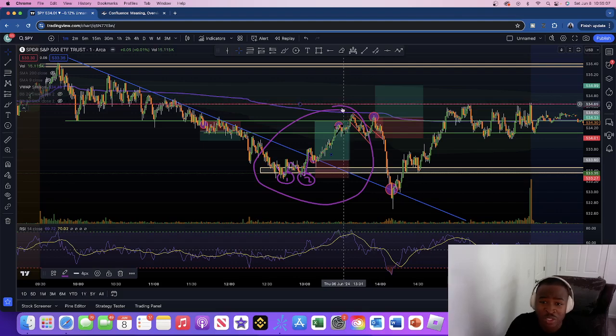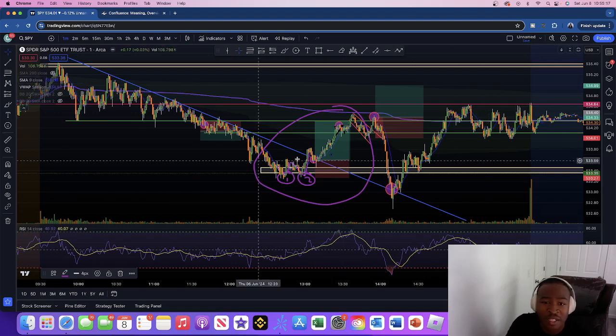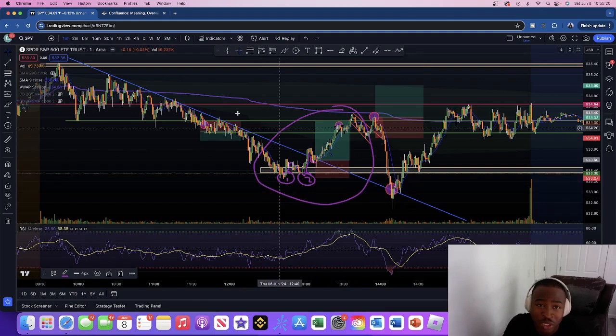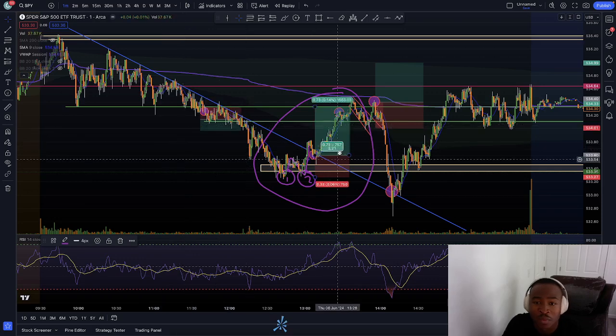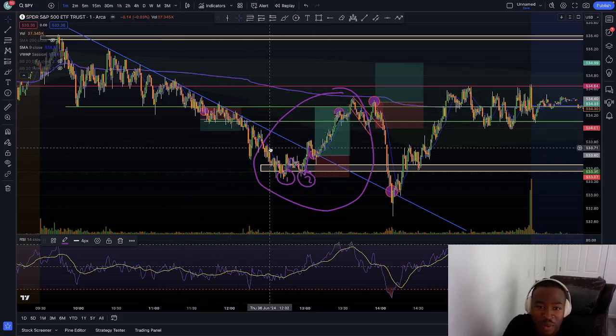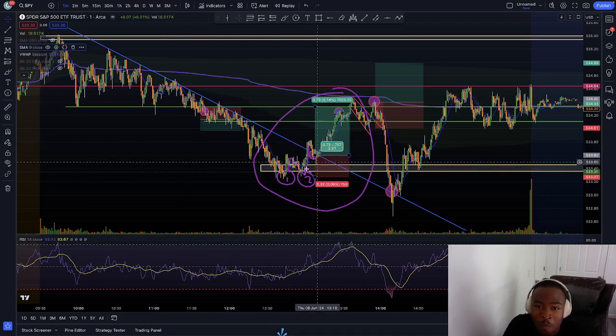There are different ways that you can have confluence. Let me give you another example of confluence. Here is something that you could put on your strategy if you want. You see this blue line? I just turned it on, which is the SMA. Right now it's just telling me where price is moving.